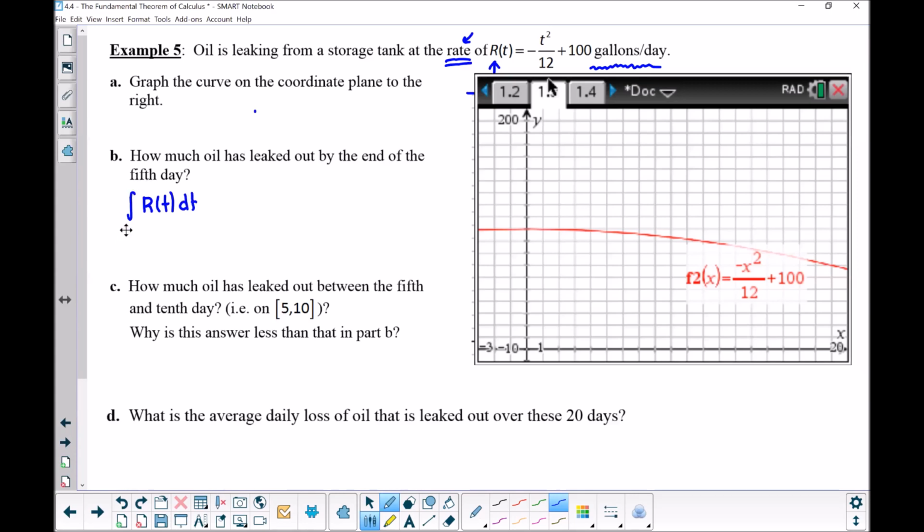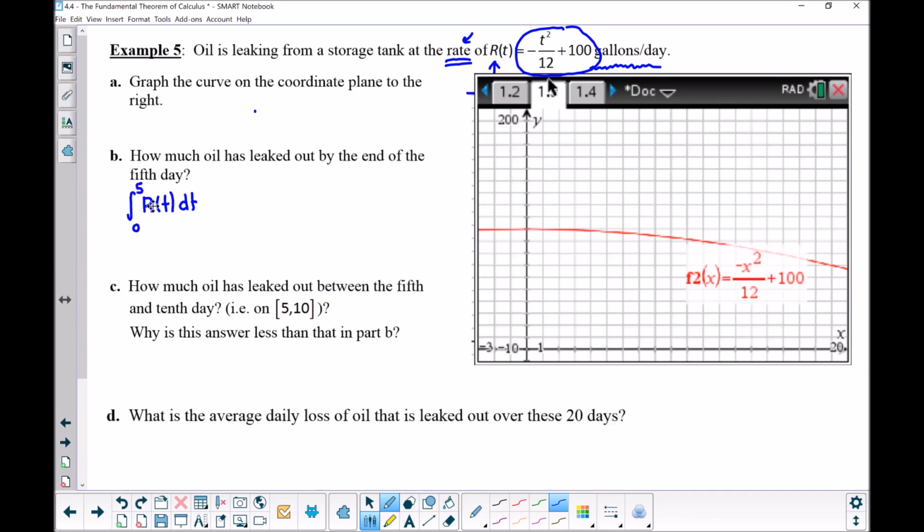They said by the end of the 5th day, so that means we would start at 0, because we start right when the oil is spilt, and then we end at 5, which would be basically midnight on the 5th day. And that would span the 5 days. You could have written out the entire expression instead of the R of T, but the AP exam, as well as myself, will always accept a function name.